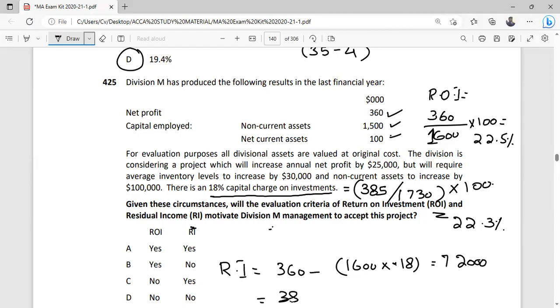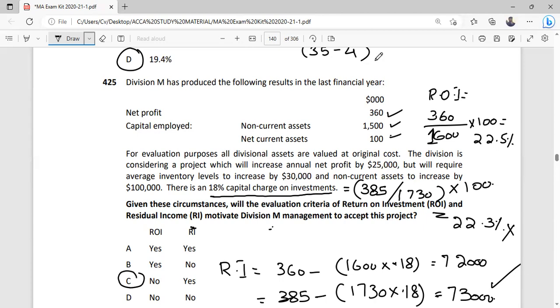And the revised one is 385 minus 1730 into 0.18. So it is 73,000. Residual income is rising after investment, but ROI is falling. So from the perspective of ROI, no, but from the perspective of residual income, yes. Any question?